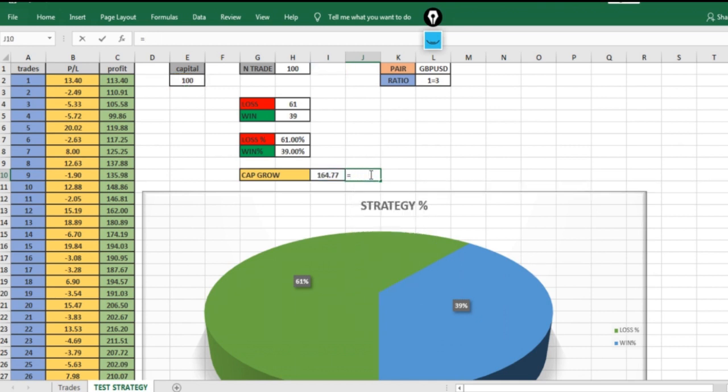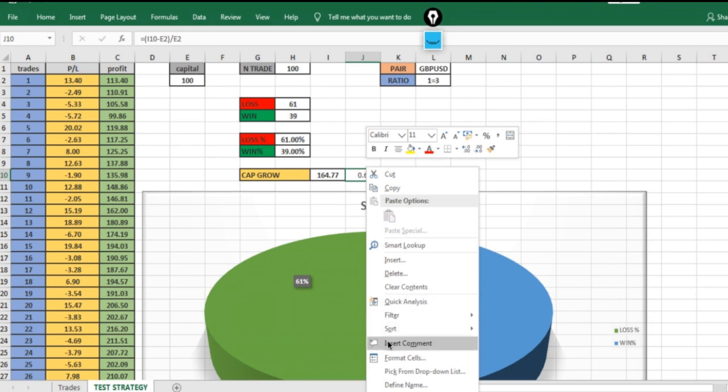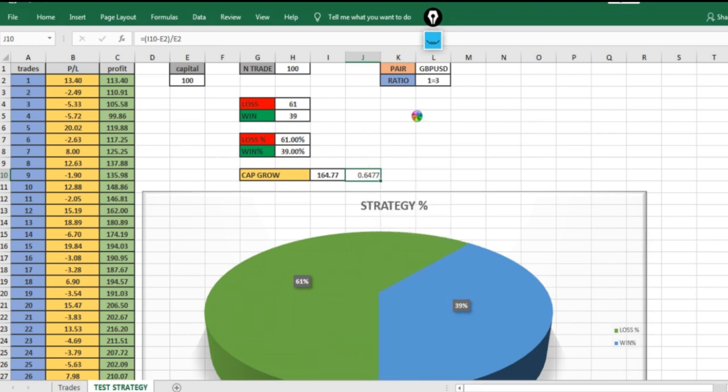Do that one minus that one, divided by 100, then make it a percentage so anyone can know what it is.